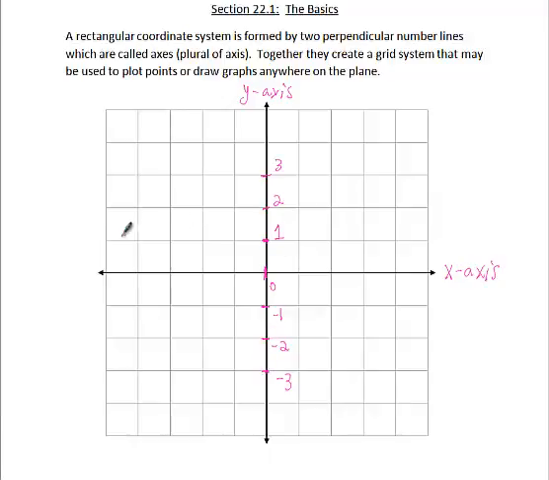Alright, so with respect to the y-axis, if we have a point that falls along this horizontal line anywhere in the 2D space, anywhere within this grid, then we say that it lines up with the y equal 1 coordinate, and so the y coordinate of this point would be 1.